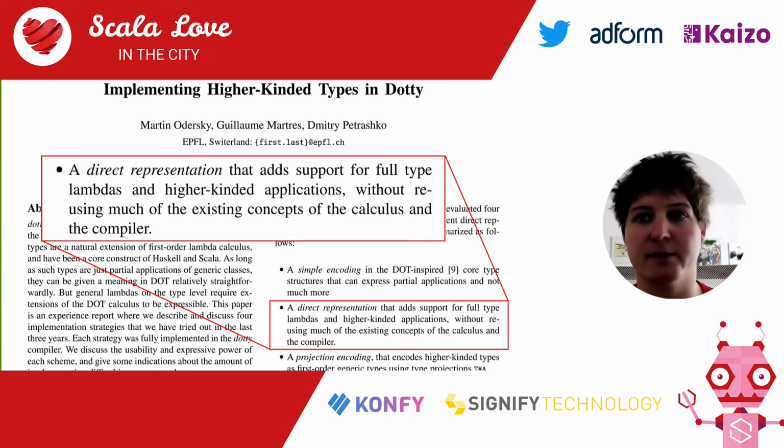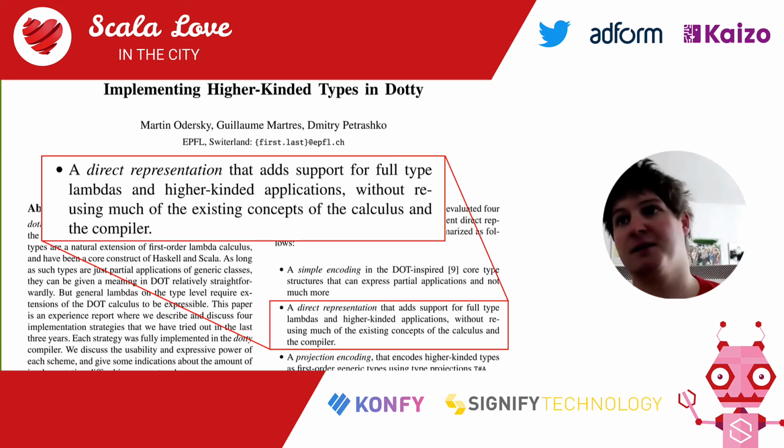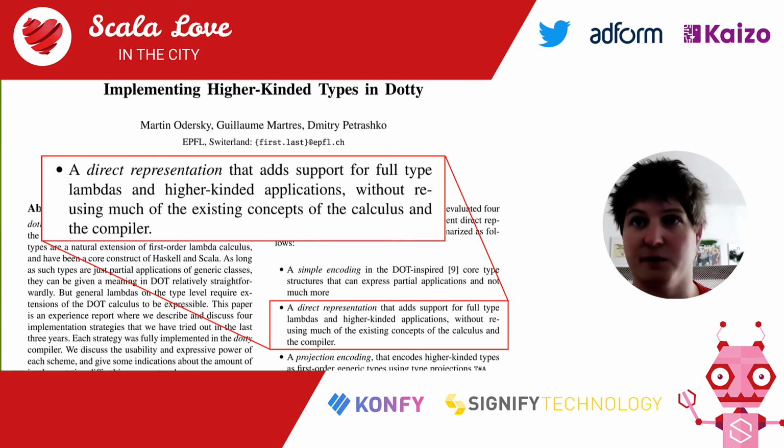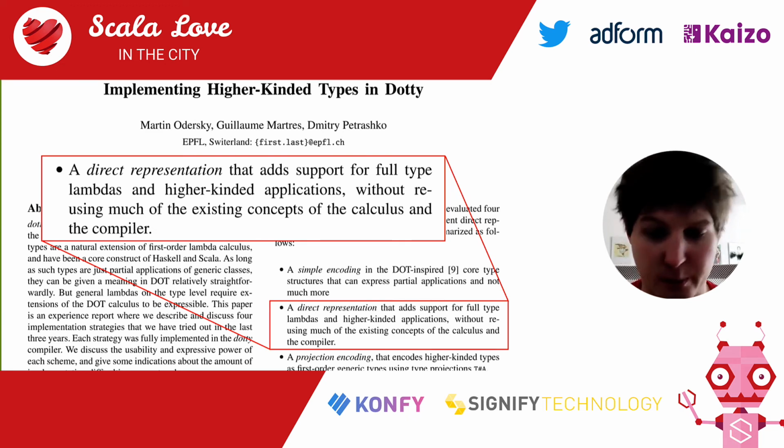So that actually makes us a lot more confident that the support for type constructor classes in Scala 3 is very robust. So at this point, I should just say thanks to the people at EPFL and all the contributors for making this happen.